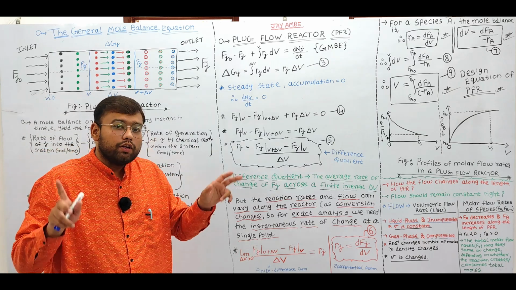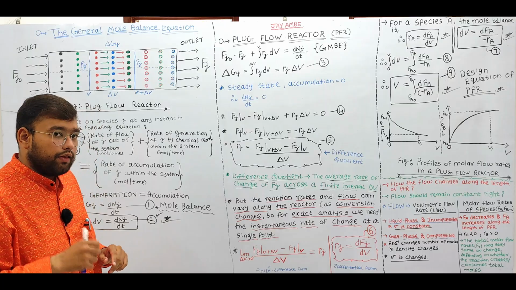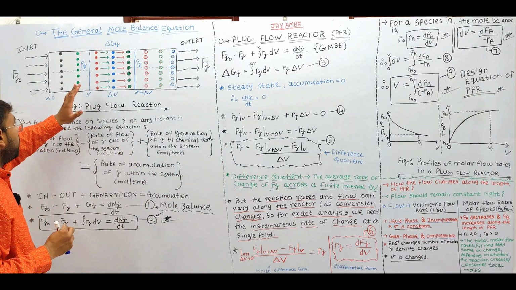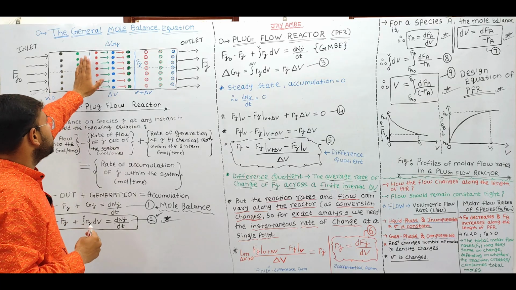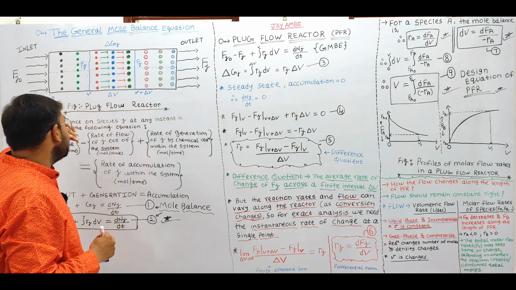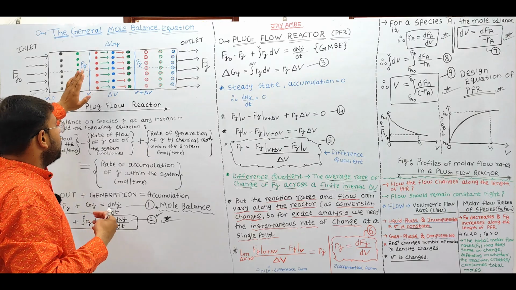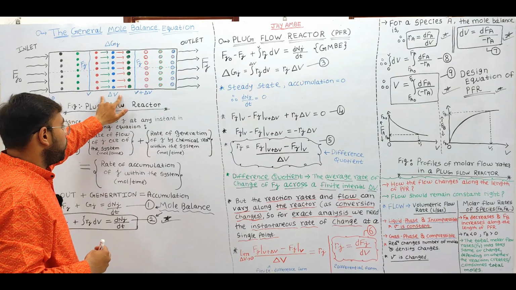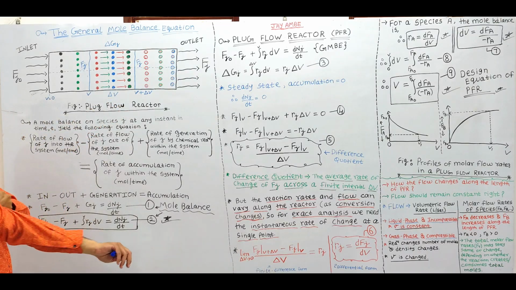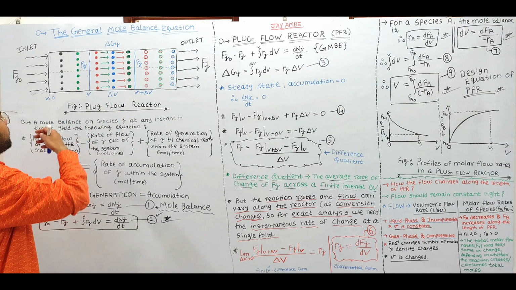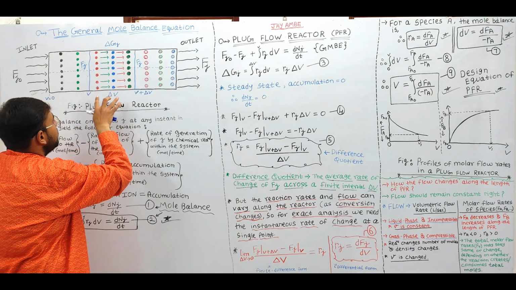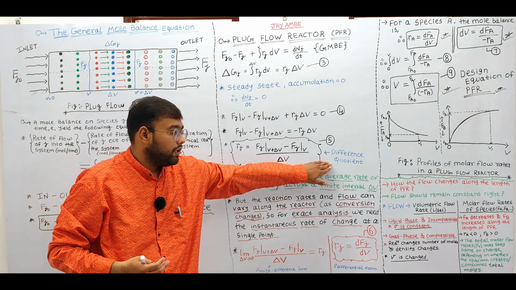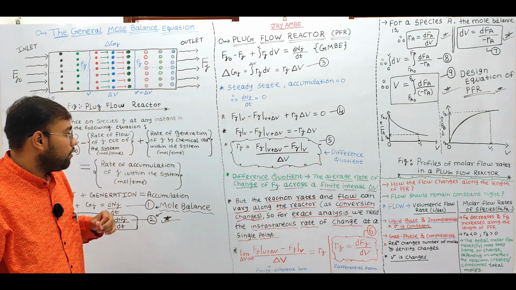The difference quotient means the average rate of change of molar flow rates with respect to the finite volume delta V. The rate at which the molar flow rate changes with respect to delta V is understood by the term difference quotient.